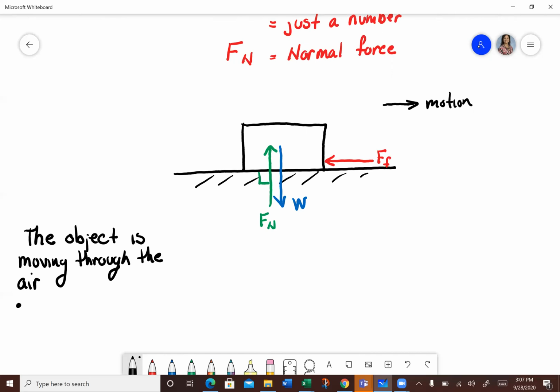For this one, we are going to ignore it unless mentioned. First, this variable, we're going to write FR. You'll see why, because I'm going to do an applied force. This is for air resistance.